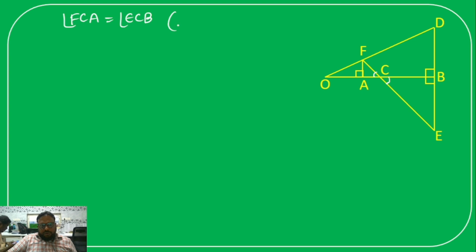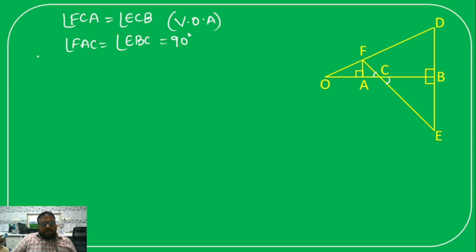These two are equal because they are vertically opposite angles. And as we already discussed, angle FAC is equal to angle EBC, equal to 90 degrees, according to the given part.